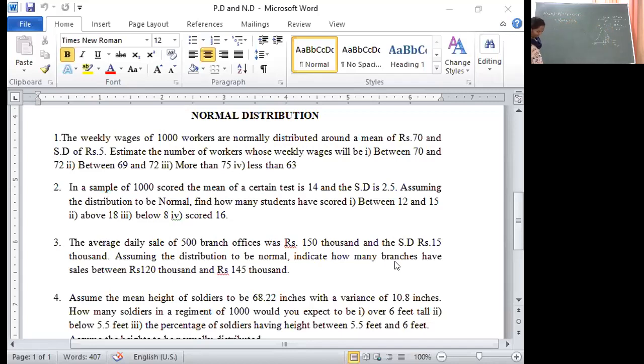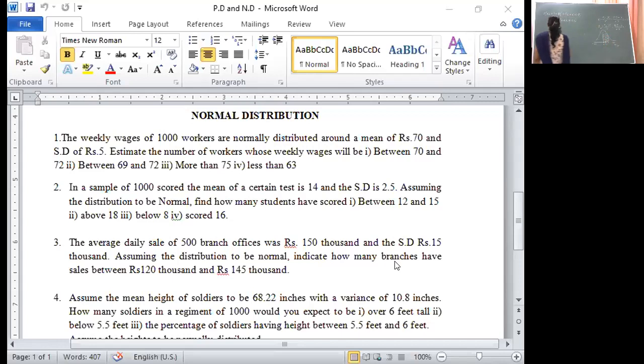Then how will we solve this? You should not take the entire right side, because this region is what we need to find. We will first find the area from 0 to 1. Then we subtract whatever portion is repeated, that is 0 to 0.6.